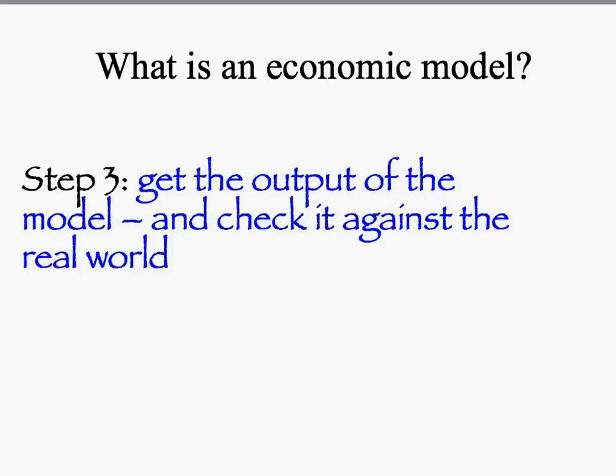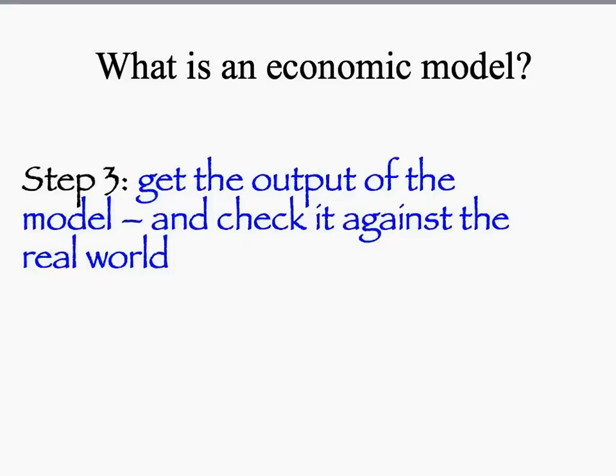The third step is to get the output from the model. What does the model tell us? In particular, what is the answer to your underlying question? Does the model answer the question? And if so, what is the answer? But don't stop there. Make sure you go back and check the output of your model against the real world.